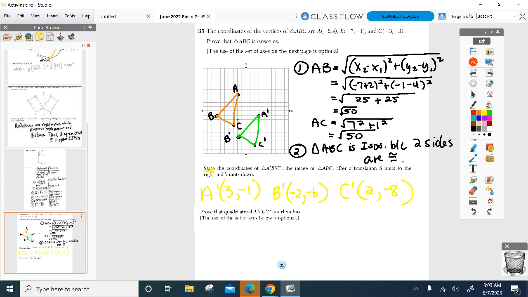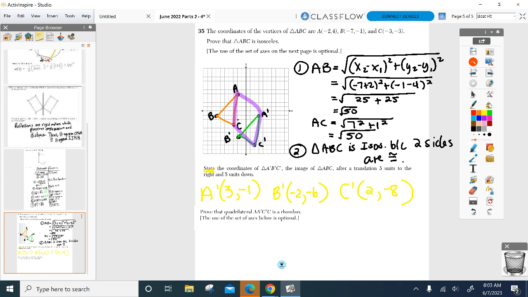Prove quadrilateral A prime, C prime, C is a rhombus. Let's connect them now. How would you prove it's a rhombus?